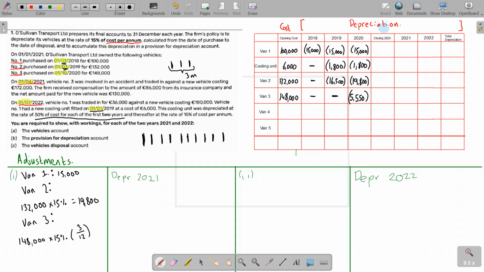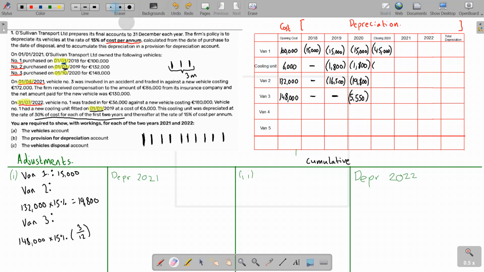Okay, now the closing depreciation for van 1 is 15,000, 15,000, 15,000, so 45,000. Depreciation for the cooling unit, so cumulative, which means we add up from the very beginning, each year we add it up, and this is the cumulative amount up there.